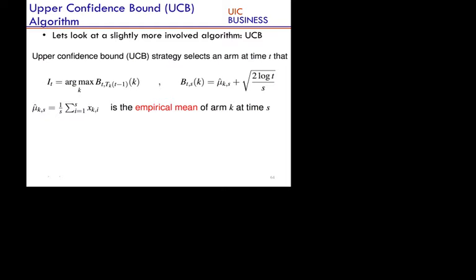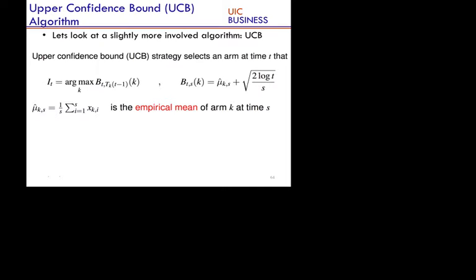So I tried arm 1, right? 3 times up to this point, I'll get 3 reward numbers. So I'll take the average of the 3 reward numbers. That's mu hat for arm 1, subscript s. So I've just replaced this quantity by s here. It says I tried this arm 3 times, so 1 by 3 times x_k1 plus x_k2 plus x_k3.